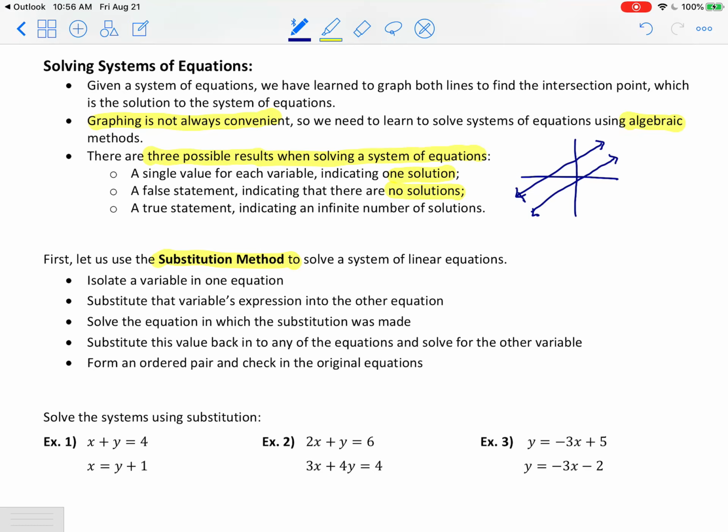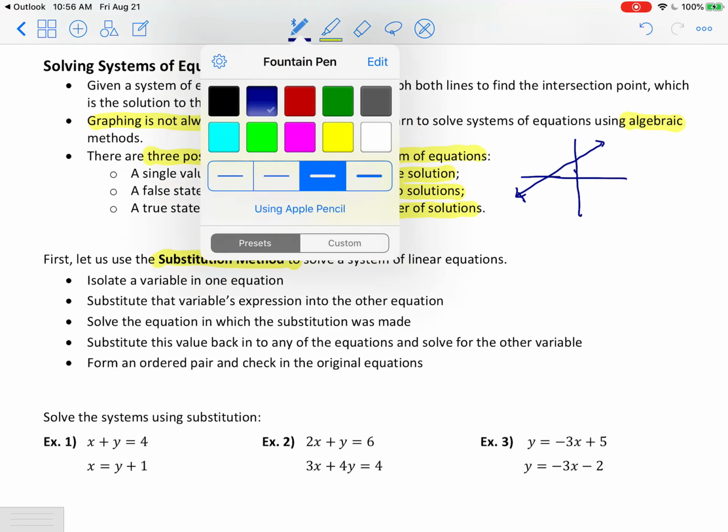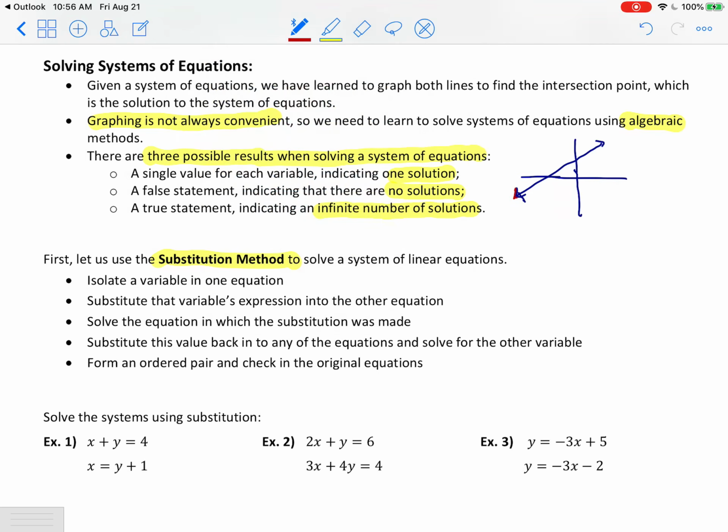And then finally, we have a solution that's called an infinite solution. And that is when we would basically just have the same line. So if we had this one here and we had a second equation, but it had the same slope and the same y-intercept, those would actually be on the same line.